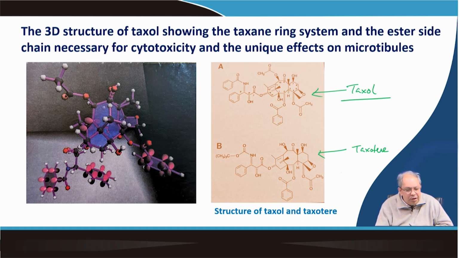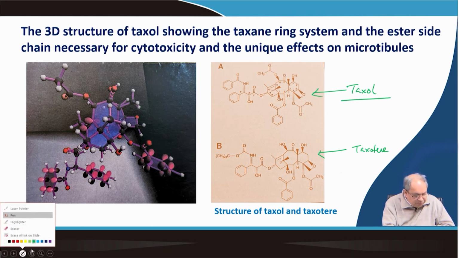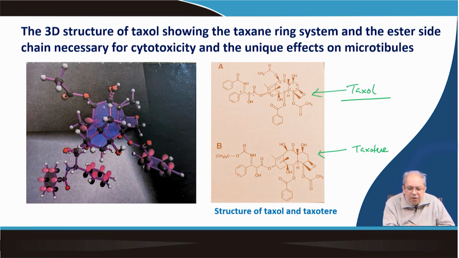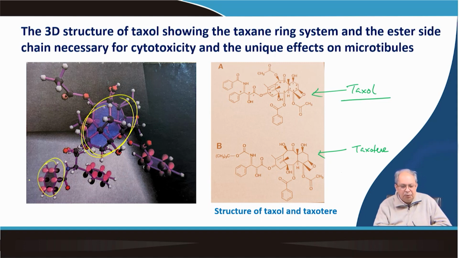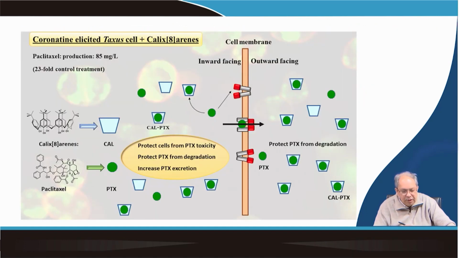And what is showing here on the left side is a 3-dimensional structure of taxol, and this is the taxane ring and the ester side chain, which are basically important for imparting the cytotoxicity and the unique effect on microtubules. Okay, I will check it.